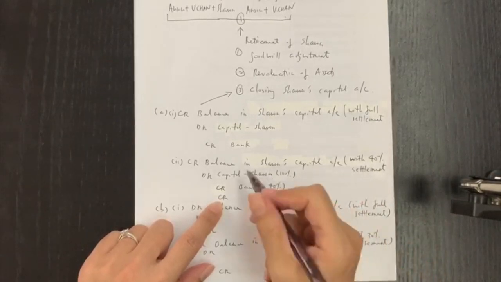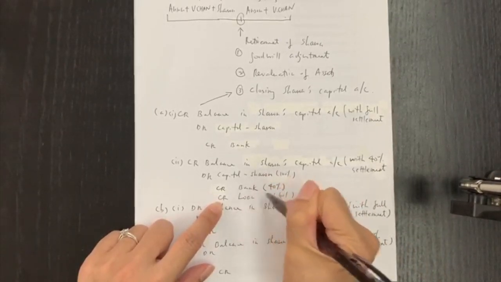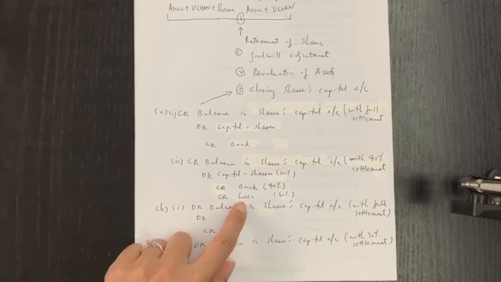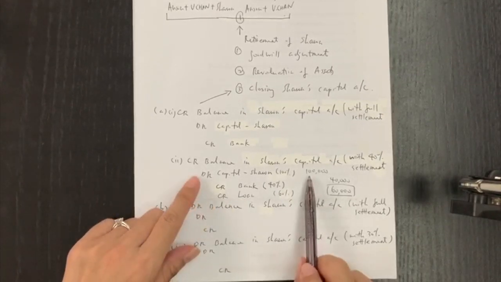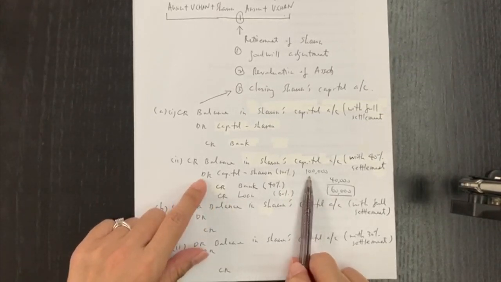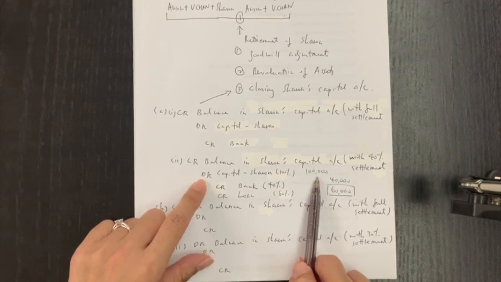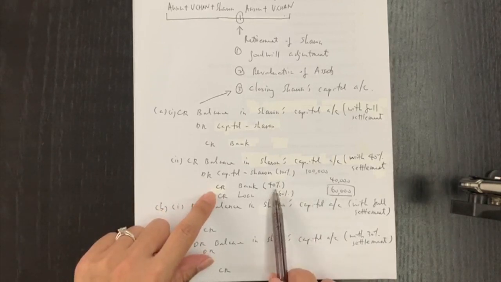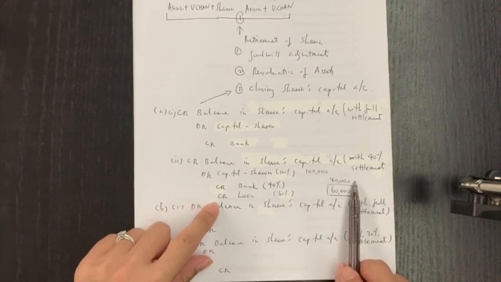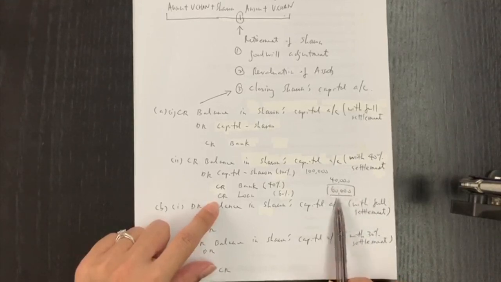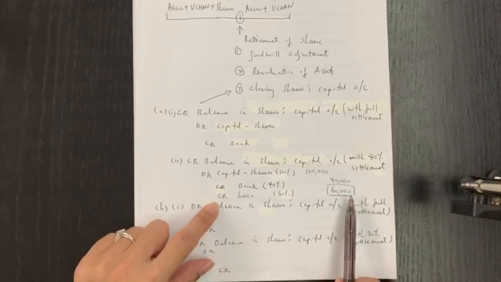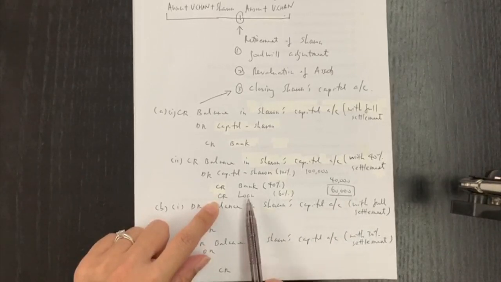It would be loan from Sharon. For example, if the amount in Sharon's capital account is 100,000 and we only pay 40%, which is 40,000, we need to insert something on the credit side. This will be the amount we owe to Sharon, and that will be a kind of loan.